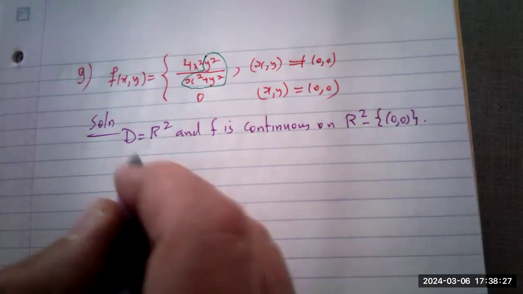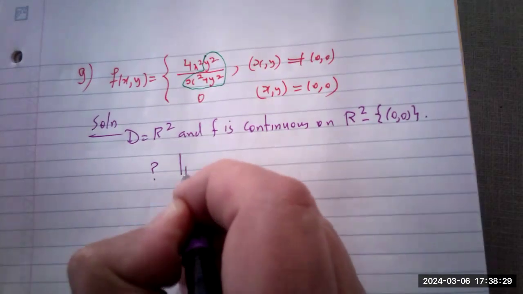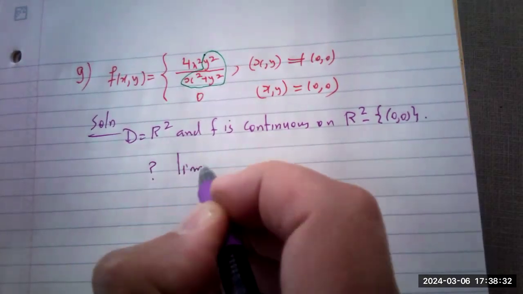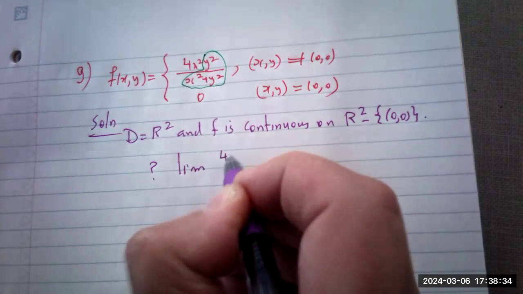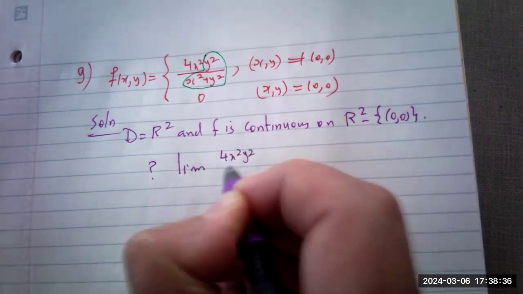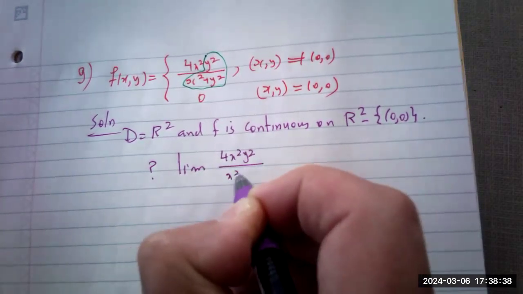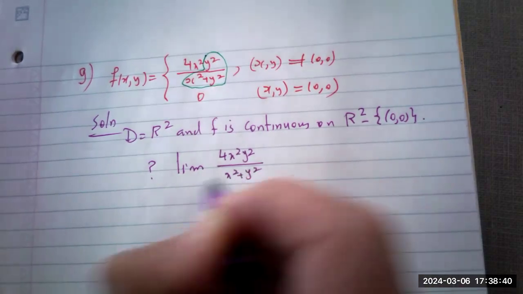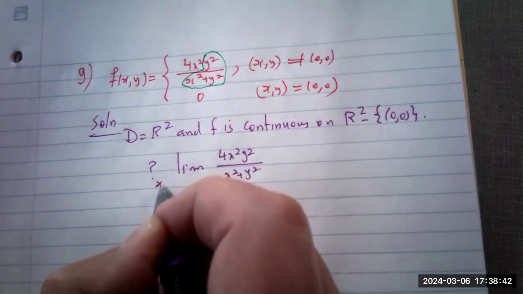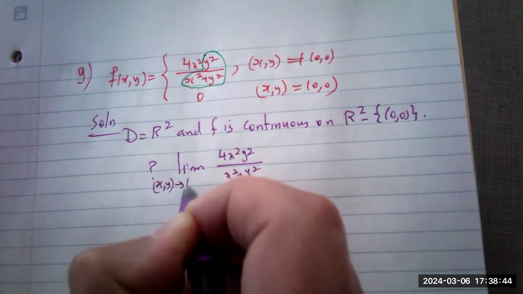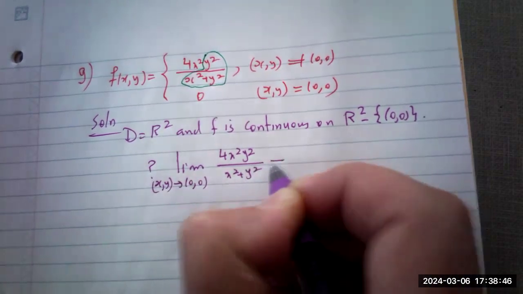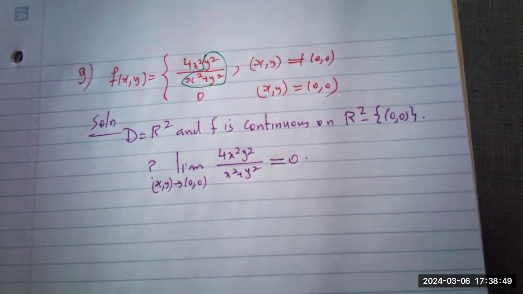Now we check the limit. We check to see if the limit of 4x squared y squared over x squared plus y squared, when (x, y) goes to (0, 0), is 0. And the answer is yes, because of that estimate that we have.